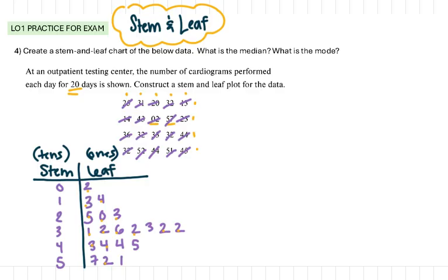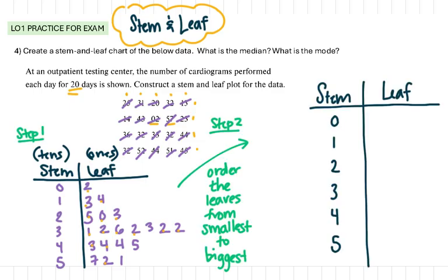We're not quite finished yet because we're going to then put the leaves in order from smallest to greatest. So I'm going to recreate the stem and leaf. And now for the leaves by row, I'm going to order them from smallest to biggest. So the first row stays the same as does the second row. The 20s place is going to go 0, then 3, then 5.